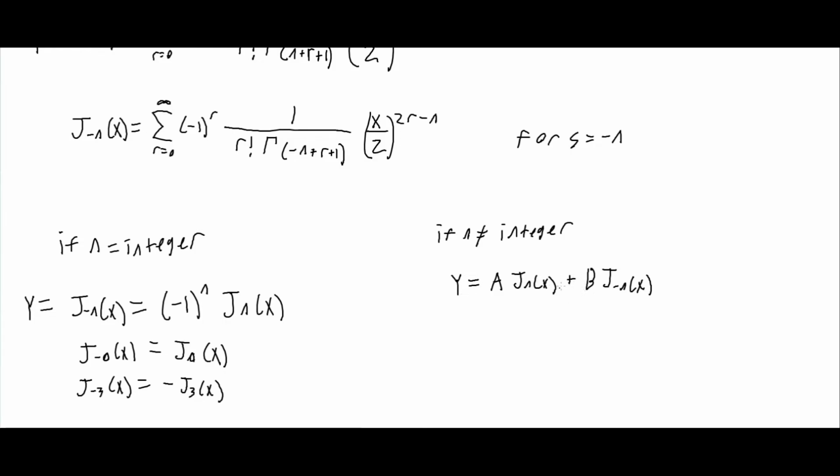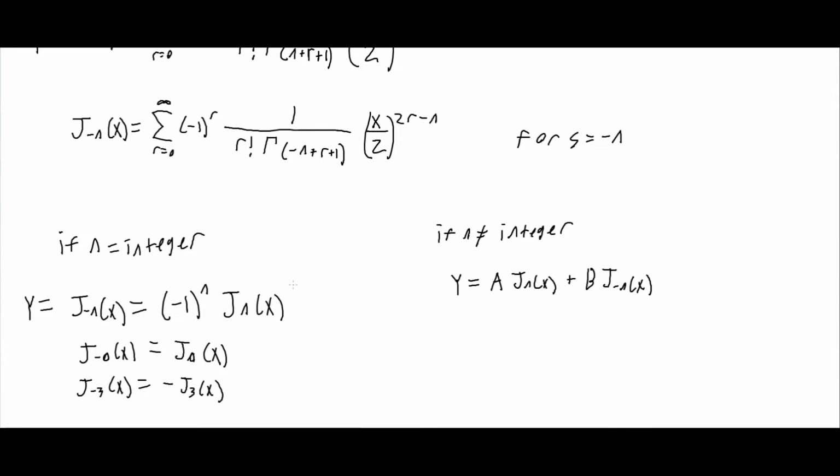If you remember, I guess from my orthogonality video, I mentioned how if they are linearly independent of each other, then we can represent it this way, because Jn is not in terms of J minus n, and the J minus n is not in terms of Jn, so these are independent. That is not the case when n is an integer.